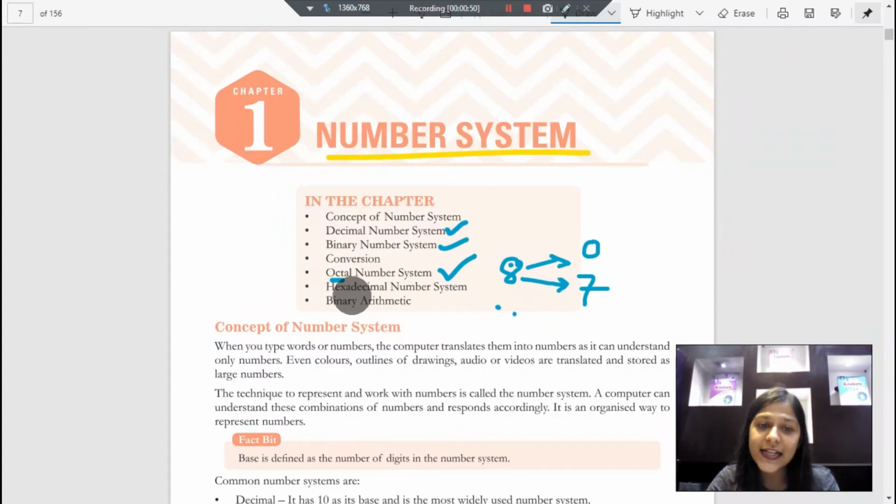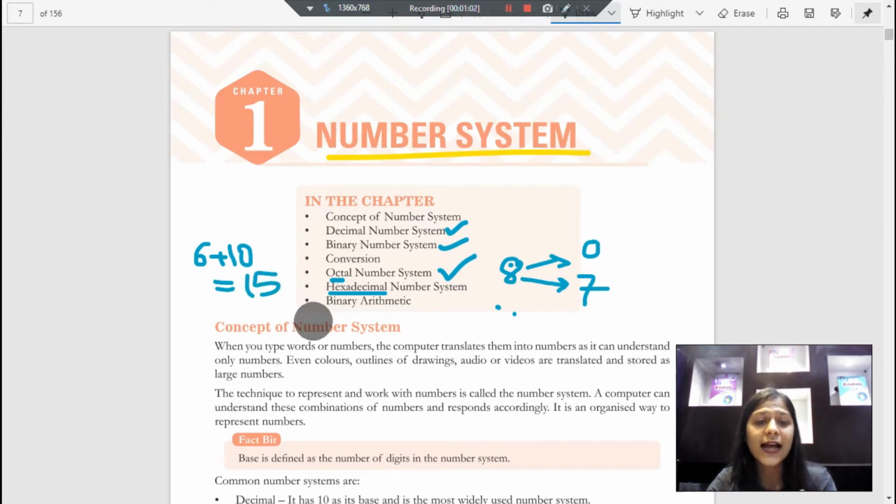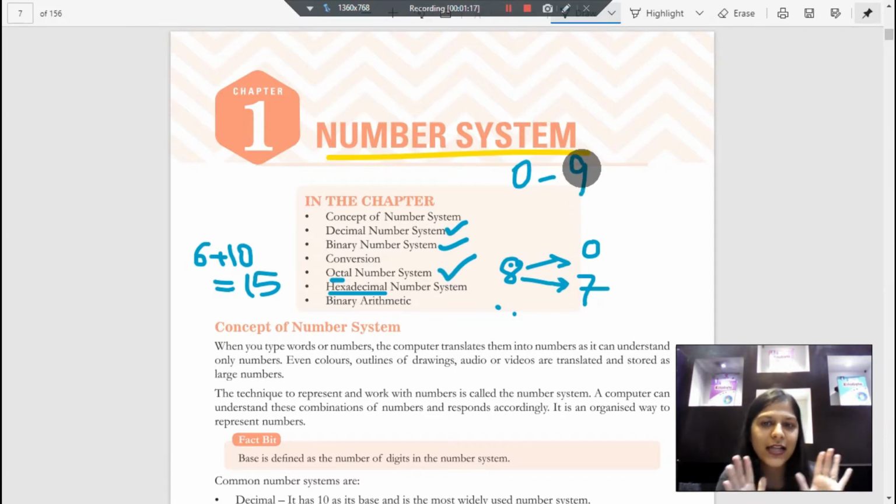Then we have hexadecimal. So hexa means 6 and decimal means 10. So a kind of number system that has 16 numbers or 16 as base. Now the digits that we will use in hexadecimal, we have to take it until 16, right? So we will begin from 0, we'll go until 9, so that is 10. Our 10 is completed.